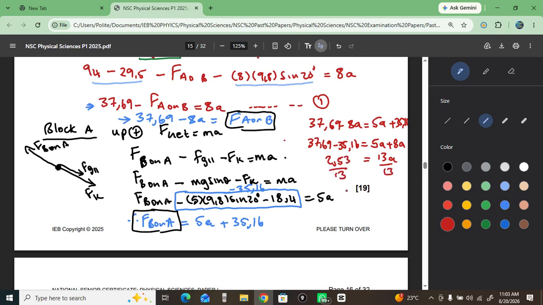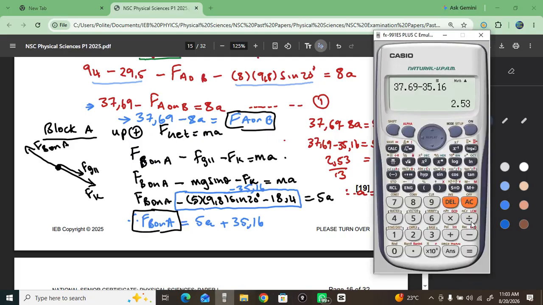This leaves us with an acceleration of the answer divided by 13. The acceleration is 0.19. Okay, so this leaves me with an acceleration of 0.19.